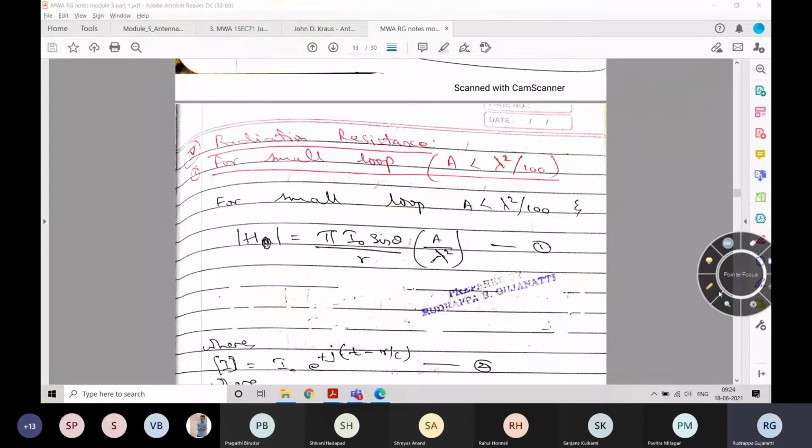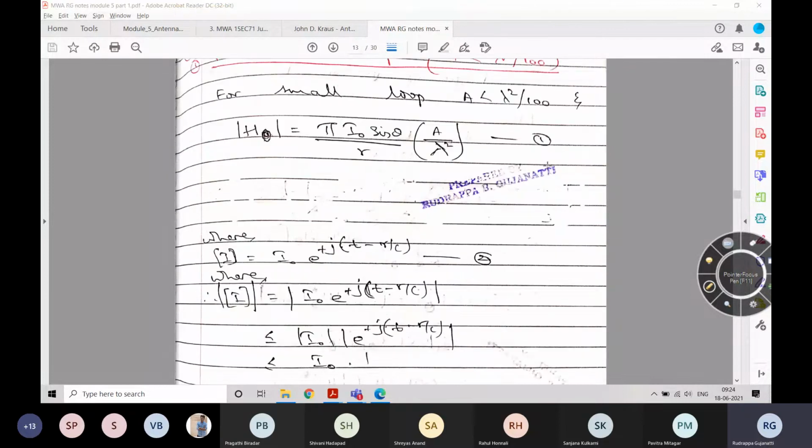In a previous session, we obtained the radiation resistance of the small loop.